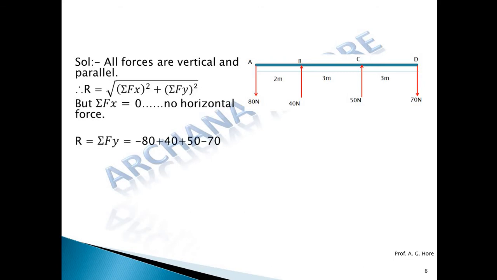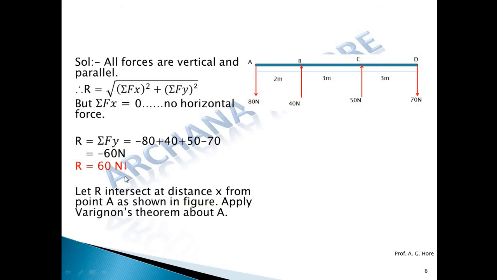Now summation Fy is equal to minus 80 plus 40 plus 50 minus 70. That's why R is equal to minus 60 Newton, the algebraic sum of the magnitudes of all the forces according to direction. Minus 60 means the resultant is acting downward.